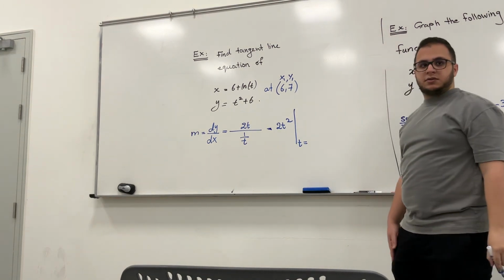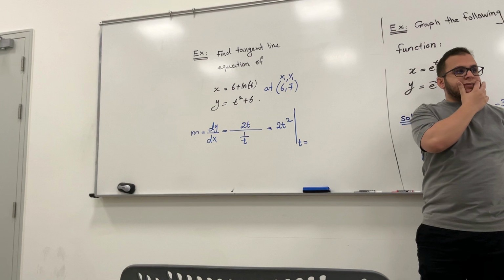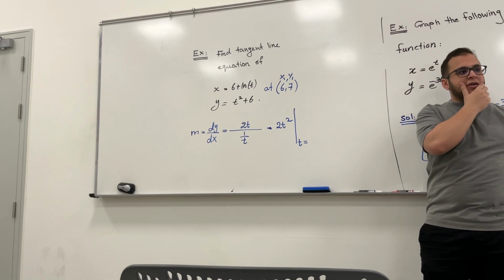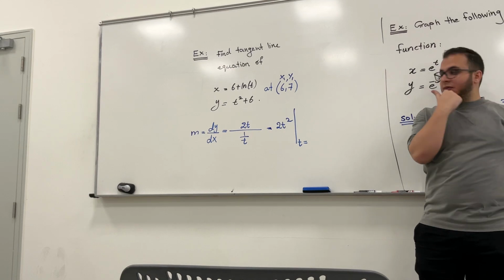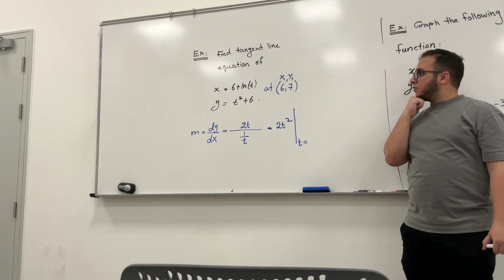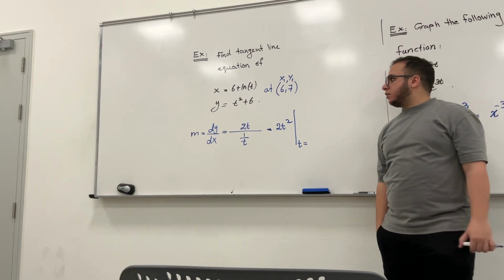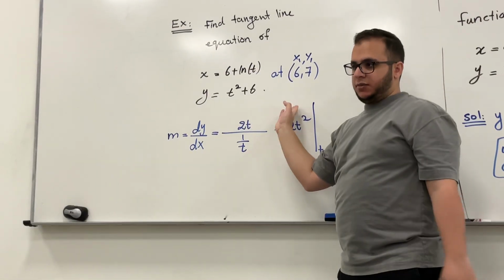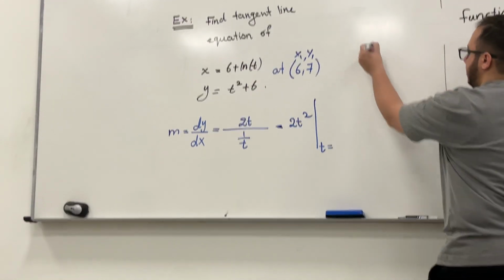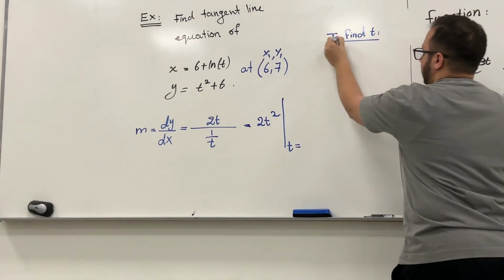How much is it? He didn't give it to me. Can we plug y, 7 equal t to the power 2 plus 6, so we can find t. So you can find t by plugging one of them here.